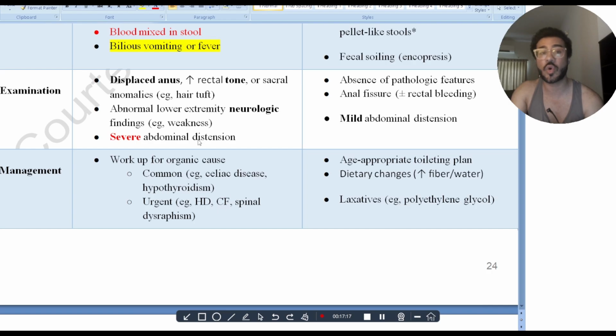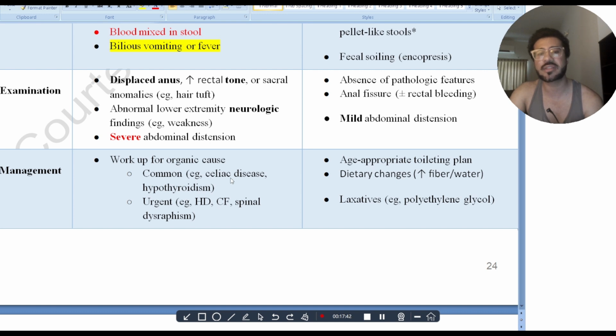If there is no other sign, just delayed passage of meconium, and you suspect cystic fibrosis, you're going to do a sweat chloride test. If you suspect spinal dysraphism, why would you suspect that? If you see a hair tuft over the lower spinal cord, then you're going to order an MRI of the lower spinal cord. Depending on what you suspect, you order the investigation.